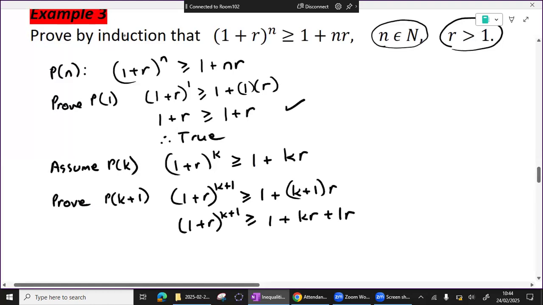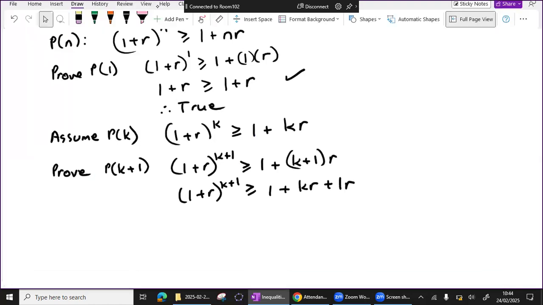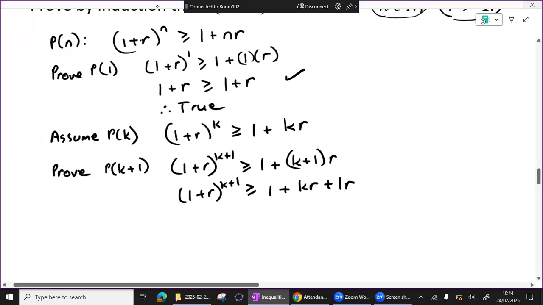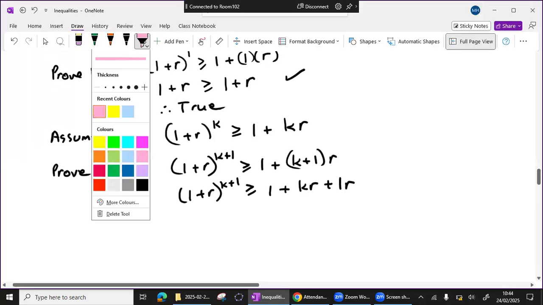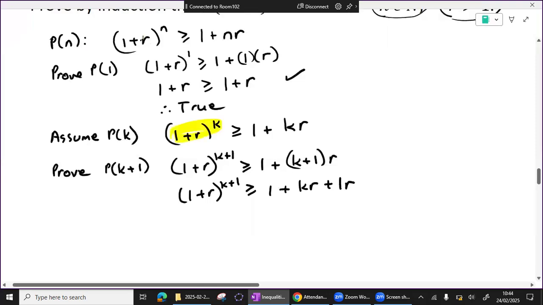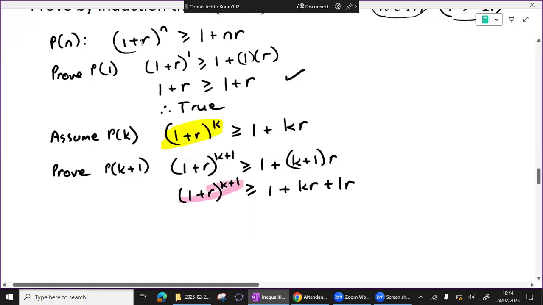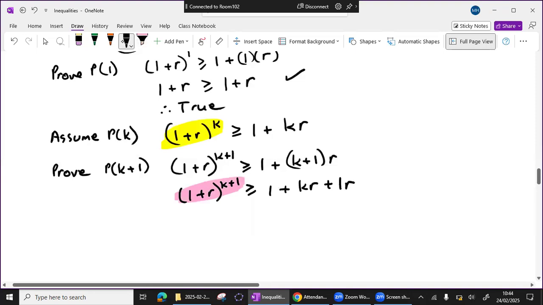And the next stage now is, the key question with the inequalities is, how do we change our assume sentence into our prove sentence? So in yellow, I have my assume, and let's put the prove in pink. So the question is, how could I make the yellow into the pink?